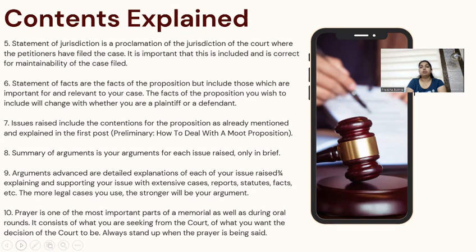For example, A is a teacher in ABC University, and A is also a mother of two children. Now, this might be important in case A is the accused or A is the petitioner.